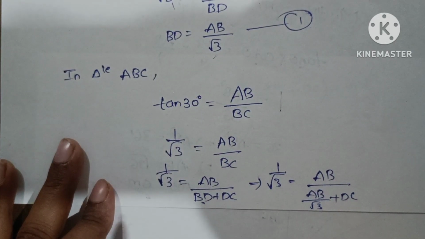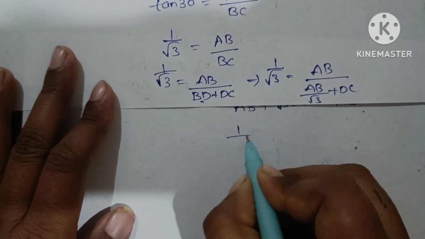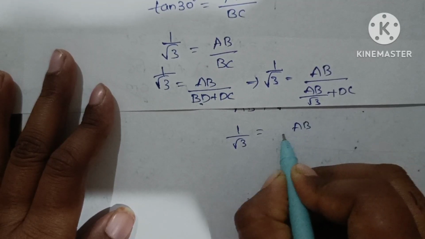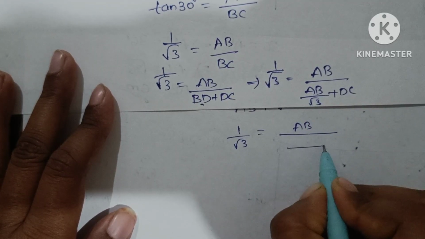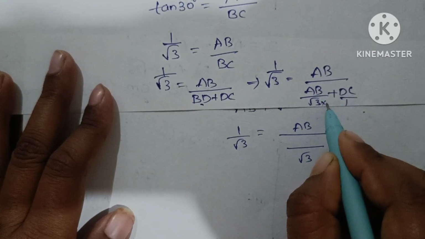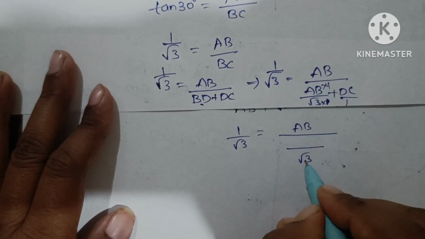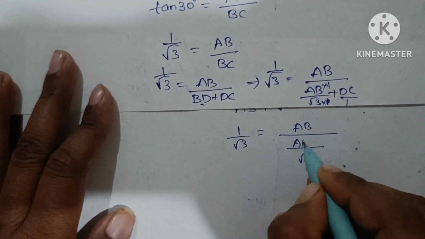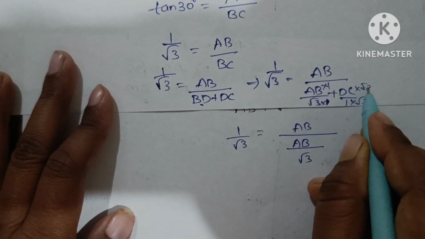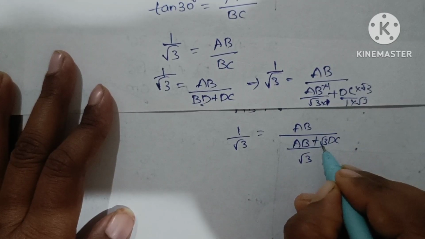Okay. So now what will you get? Now 1 by root 3 equal to AB by, take LCM here, root 3 here, into 1 into 1. That means AB into root 3 into root 3, that means plus root 3 DC.